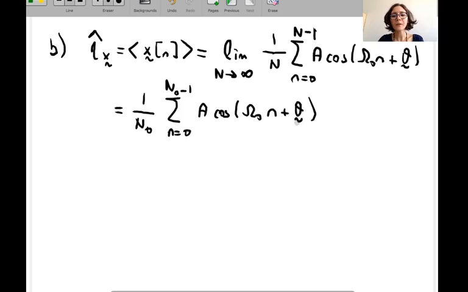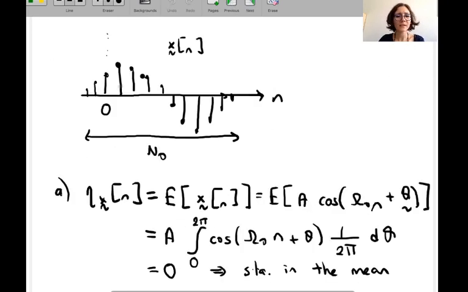Now again, we should remember that we're looking at the time average over a single realization of the random process. Any realization looks like this, so you're summing it up over a single period. In any realization, you have some random theta value.